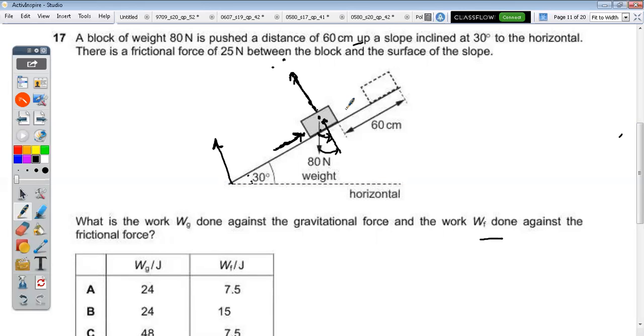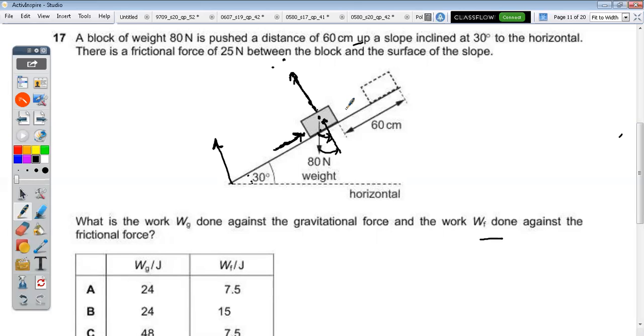Think of the frictional force against gravity. That's your W what? WG. Is it WG? Read the question again. WG is the work done against gravity.